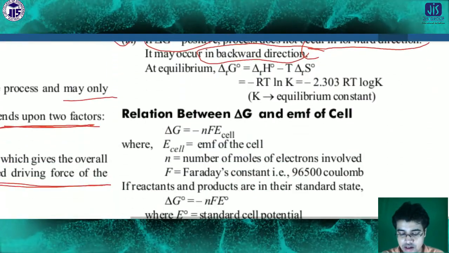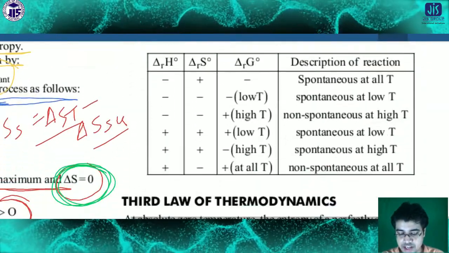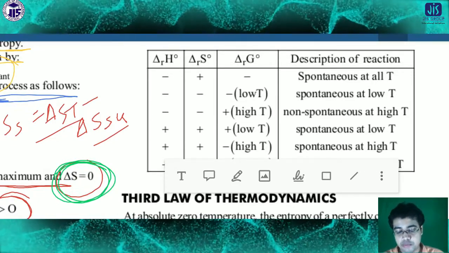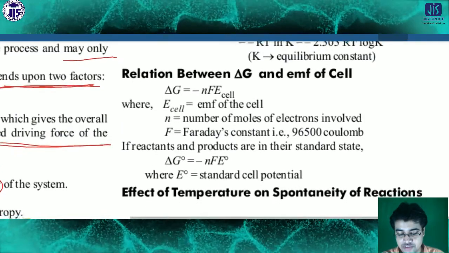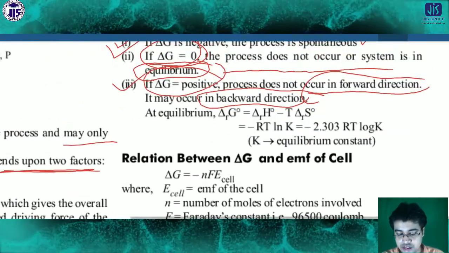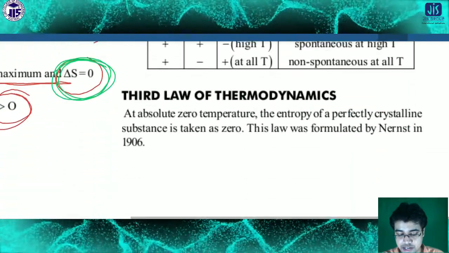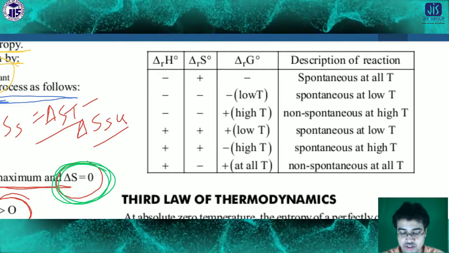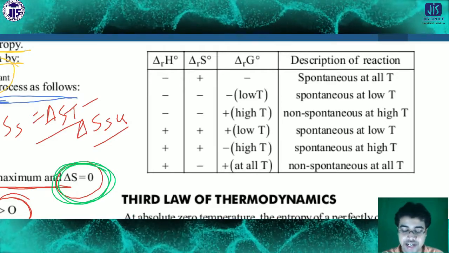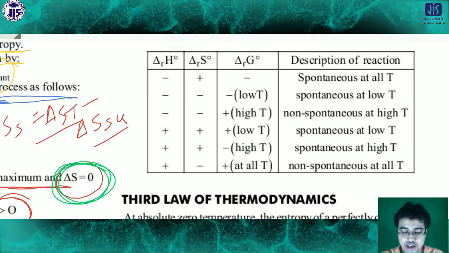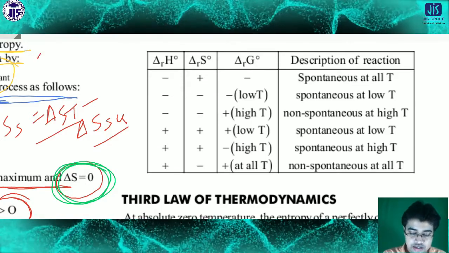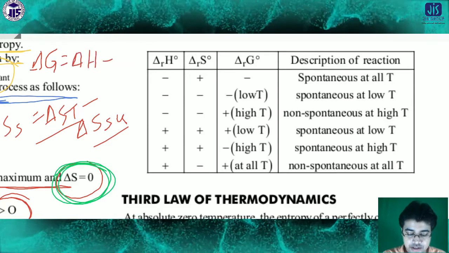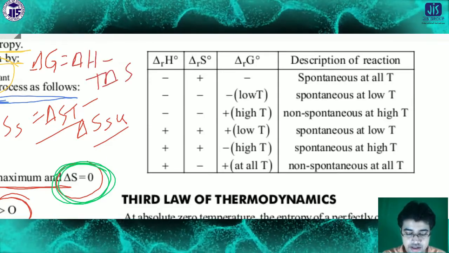Now here is a table. If we consider the equation, the table indicates which values make the process spontaneous or non-spontaneous, where the equation is delta G equals delta H minus T delta S. Now look at the equation.